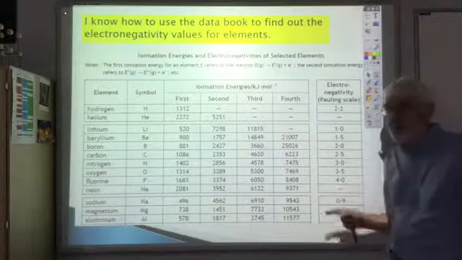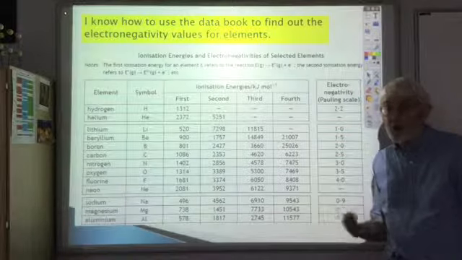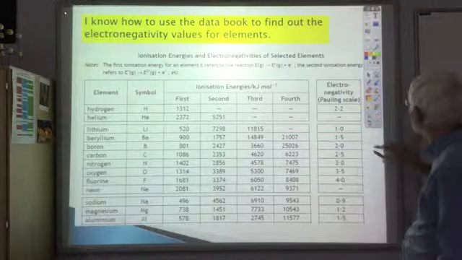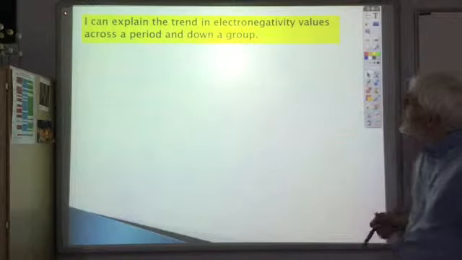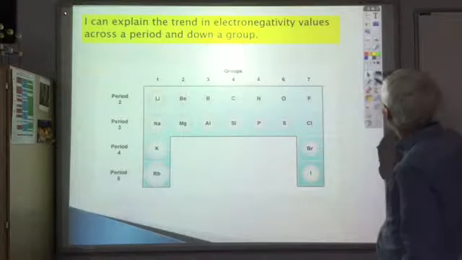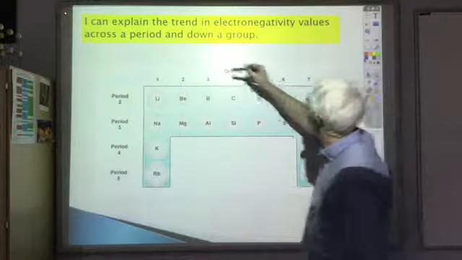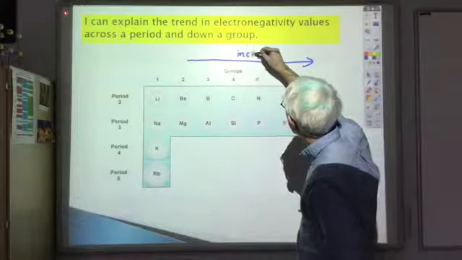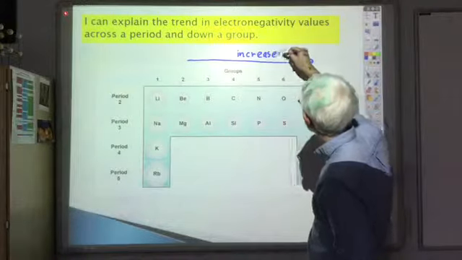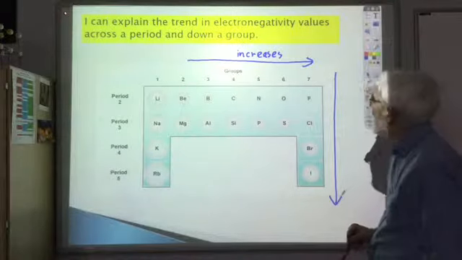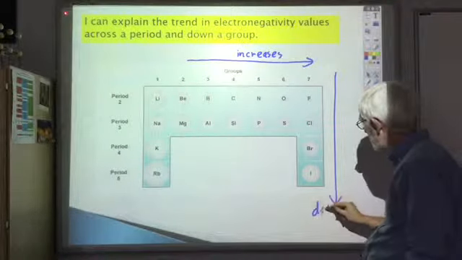You'll notice there's no value for noble gases because they don't form bonds, so don't have an attraction for bonding electrons. So we should be able to explain the trend in electronegativity values across a period and down a group. So the electronegativity increases across a period, and like the ionisation energy, decreases down a group.